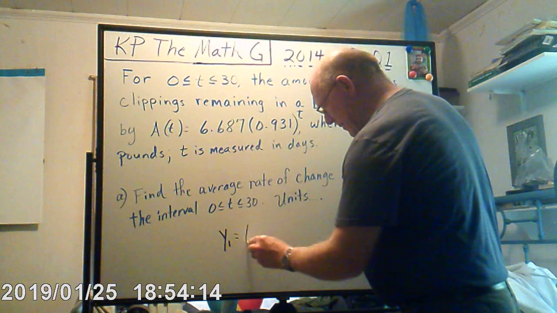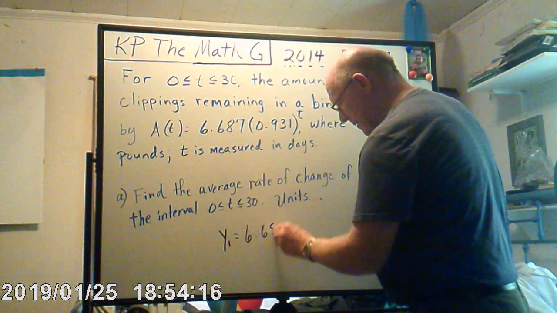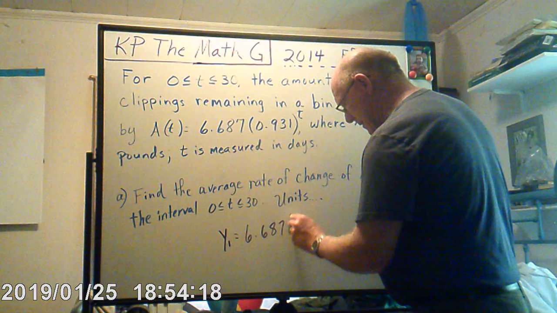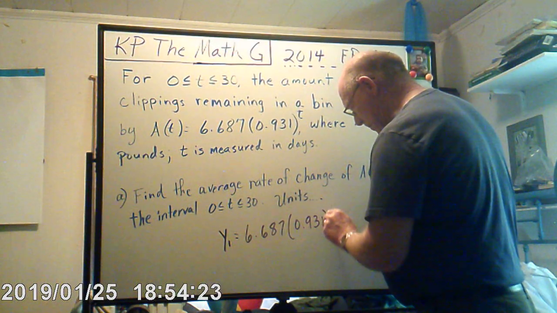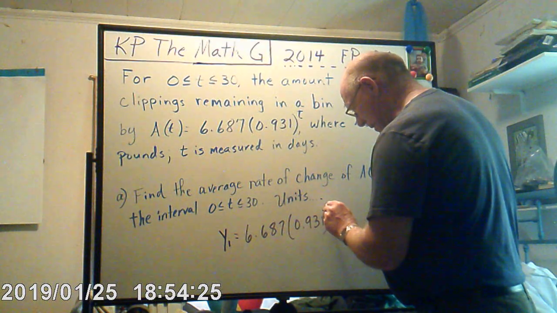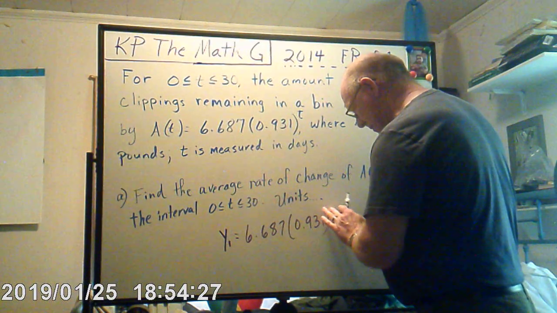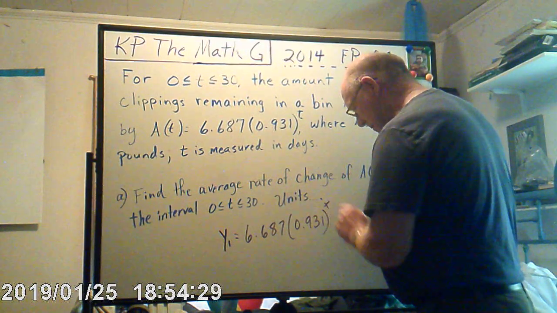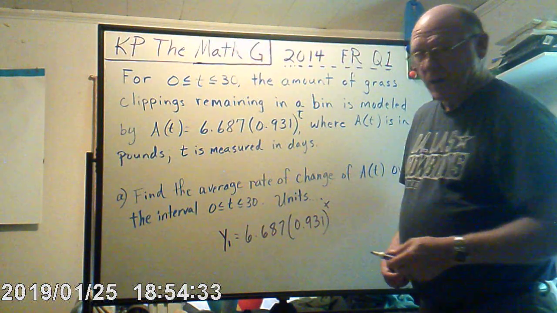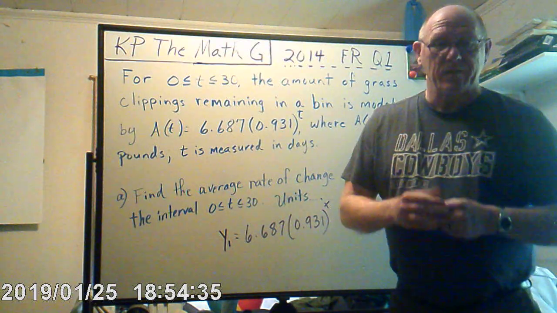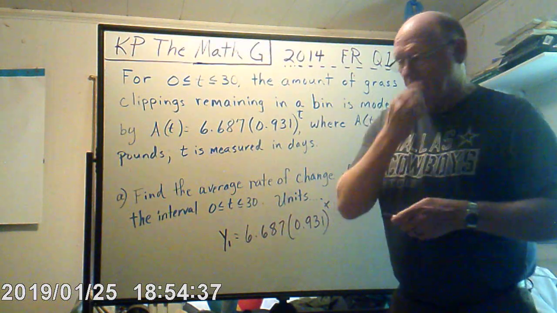You need to put 6.687 times 0.931 raised to the T, or in your case, probably going to be an X there, which would be T for you. Put that in there. You are going to need it throughout this.